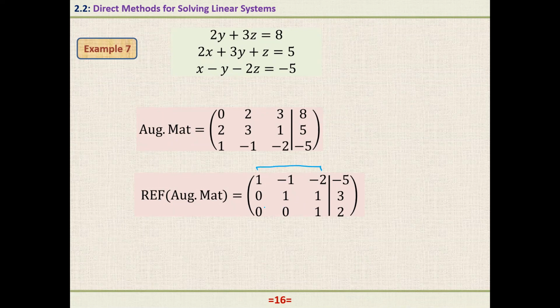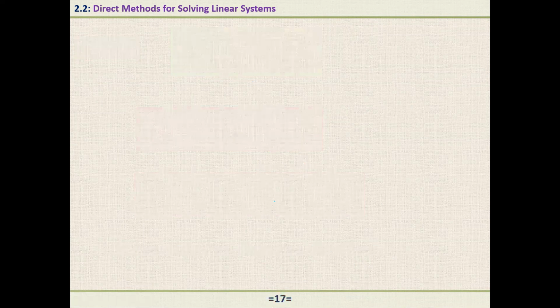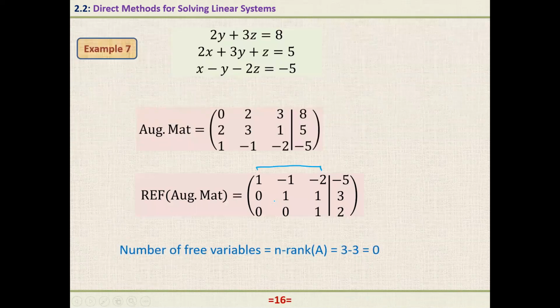As you see here, this part is the coefficient matrix. That means that this system has 3 variables. Now, how many free variables will we have when we solve this one? As you see here, we don't have any zero row, right? So n is the number of variables. Here we have 3 variables minus the rank of this matrix, which is 3, because the rank of A means the number of non-zero rows in the row echelon form of the matrix.